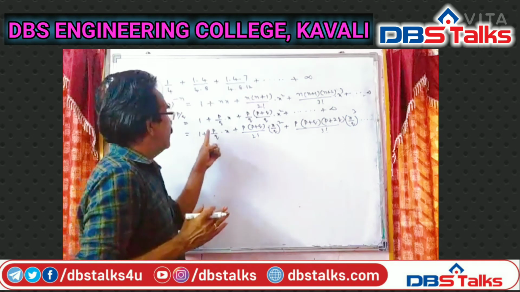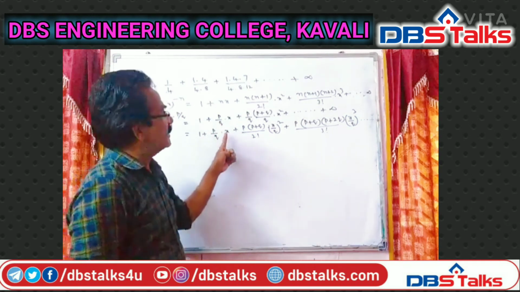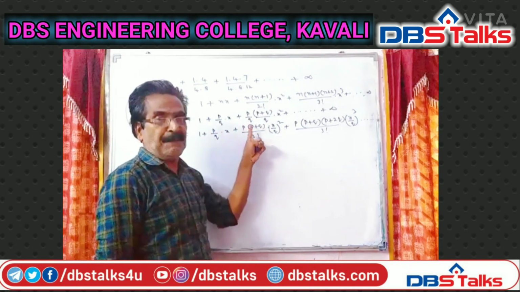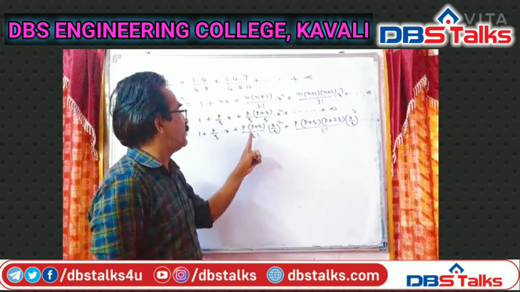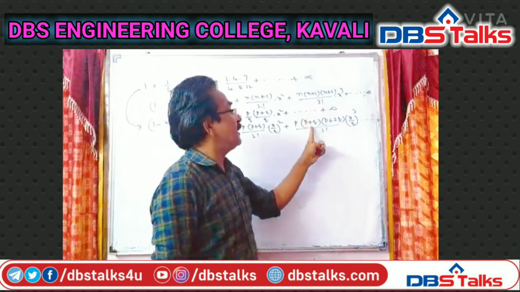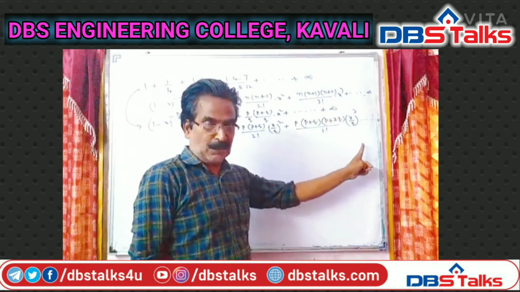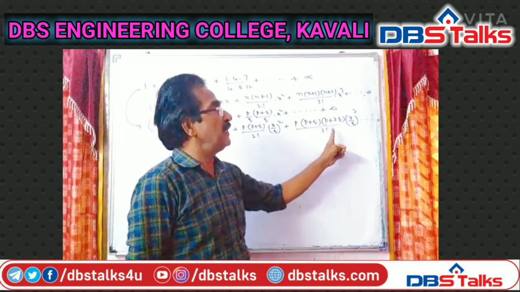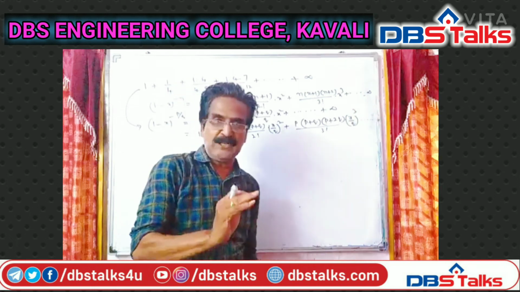How are the terms of (1 minus x) whole power minus p by q? 1 plus p by q into x, plus p into p plus q by 2 factorial into (x by q) whole square, plus p into p plus q into p plus 2q by 3 factorial into (x by q) whole cube, and so on.